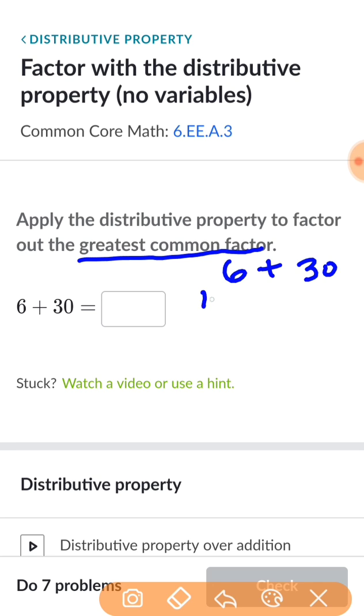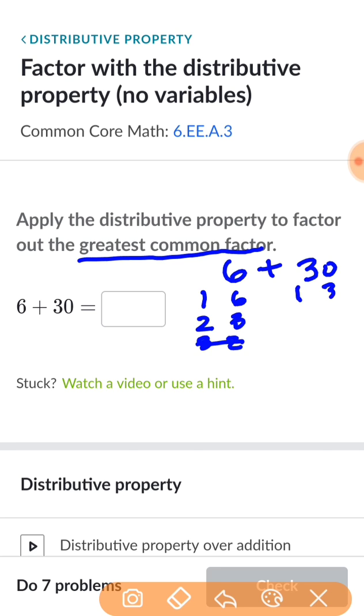So we have 1 times 6 to give you 6, 2 times 3, and then when you get to 3 times 2, you can stop because you already have 2 times 3. Cross those out. All your factors of 6 are 1, 2, 3, and 6. For 30, you do the same thing.